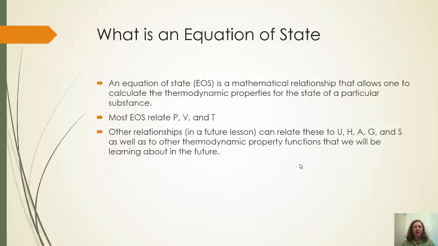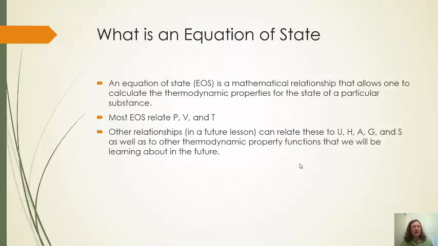So, all of this talk, what on earth is an equation of state? An equation of state is simply a mathematical relationship that allows one to calculate thermodynamic properties for the state of any particular substance. Now, most of the equations that we see are going to relate pressure, volume, and temperature.